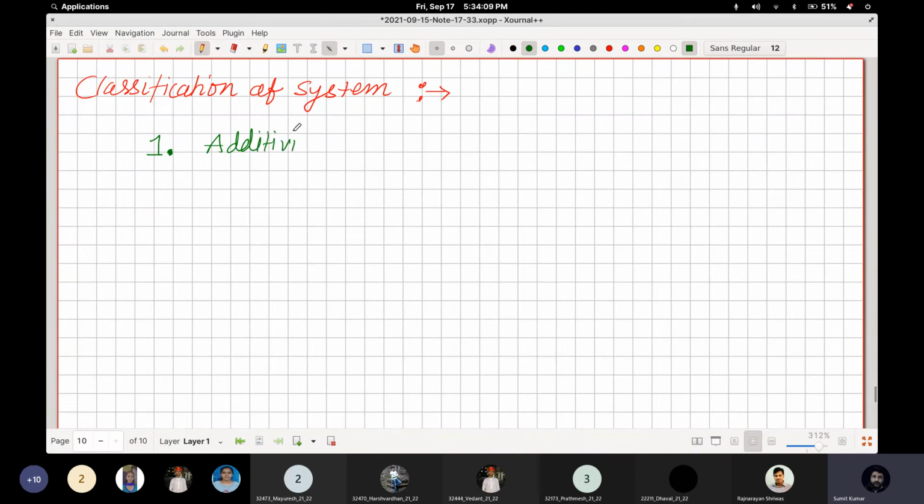What we mean by additivity is that you have your system, and if x1t is your input, and because of x1t your output is, let's say, y1t, and when x2t is input your output is, let's assume, y2t.